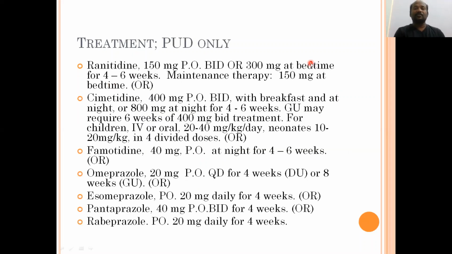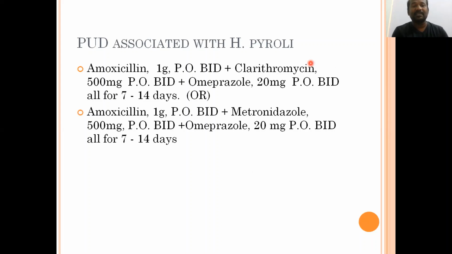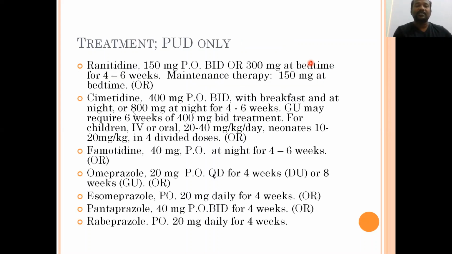So treatment can be categorized into peptic ulcer disease only and also peptic ulcer disease associated with H. pylori. So first we will see the peptic ulcer disease only. There are certain drugs recommended for peptic ulcer disease, which are proton pump inhibitors and H2 receptor antagonists.